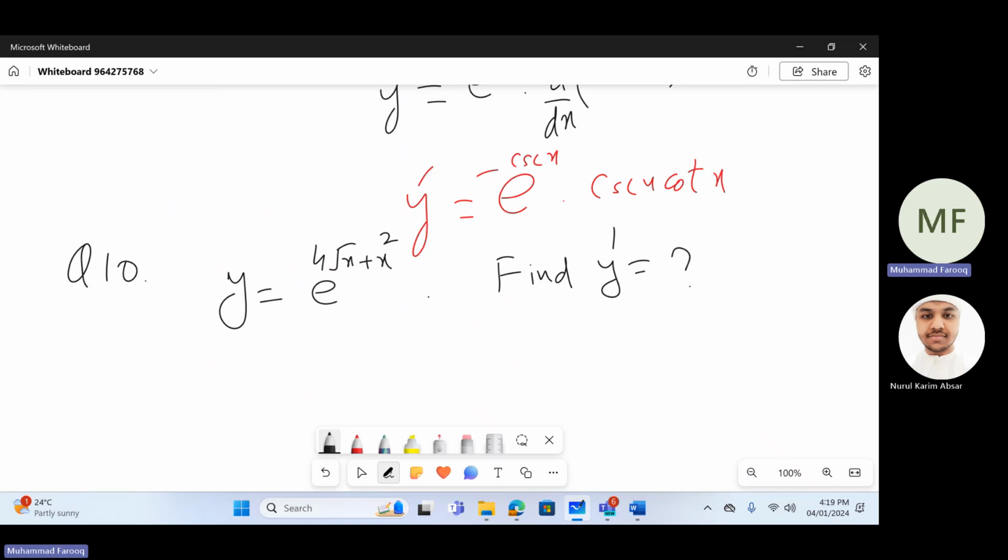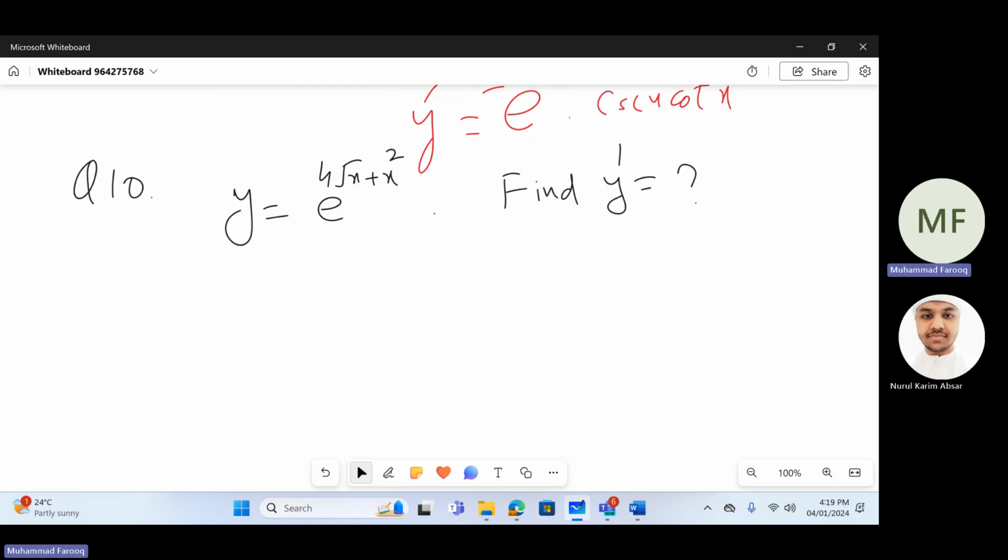So we already discussed the formula, please. We know very well when you go for y prime, this is a base e exponential function. So what you have to do, please just copy and paste the same function as it is, e power 4 root x plus x squared, and times the derivative of the exponent, meaning the power derivative.